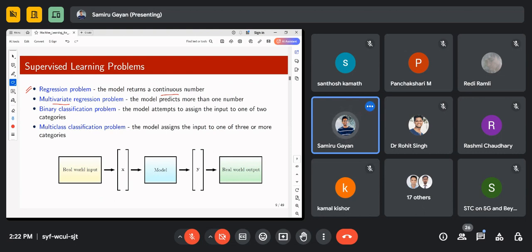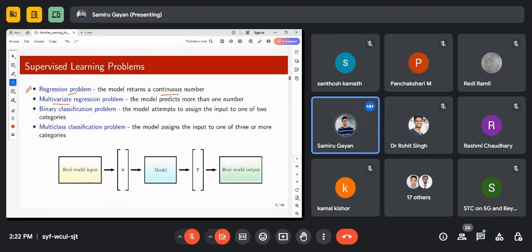For example, if I need to predict temperature values depending on the year, then you have a regression problem. You are predicting a continuous variable, and multivariate means you predict maybe temperature and carbon dioxide level, both.